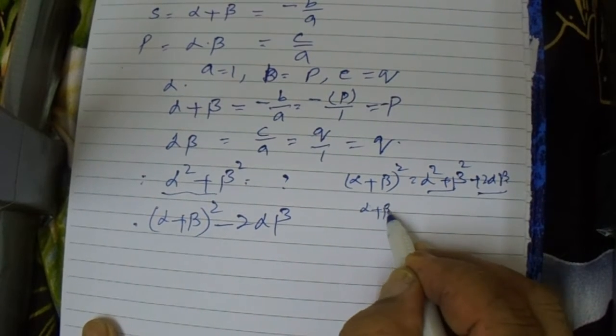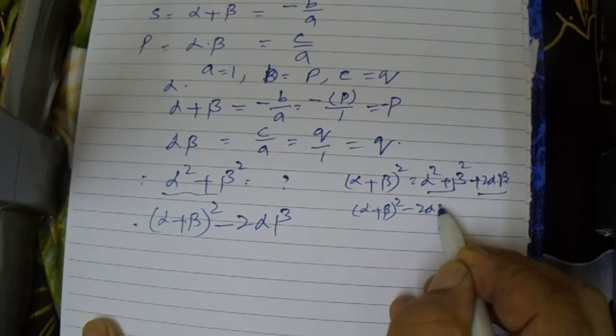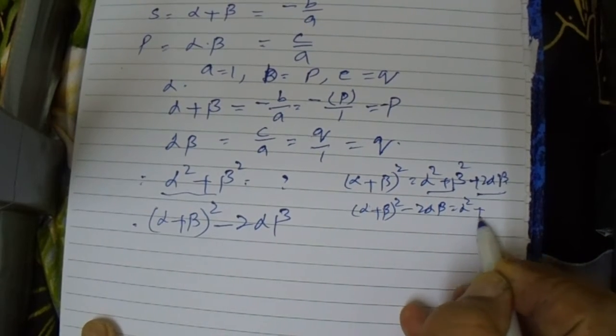Alpha plus beta whole square minus 2 alpha beta is equal to alpha square plus beta square.